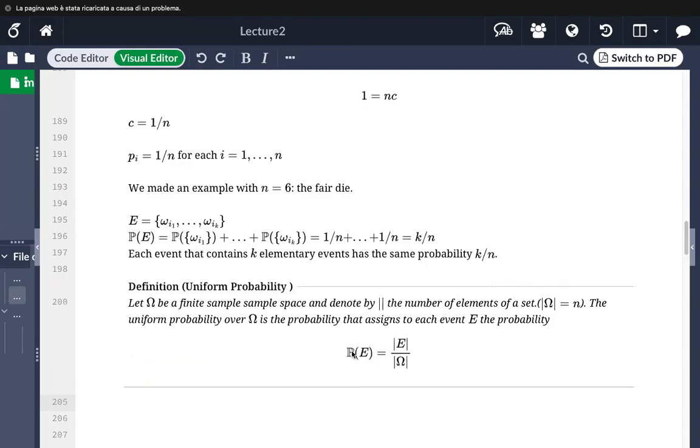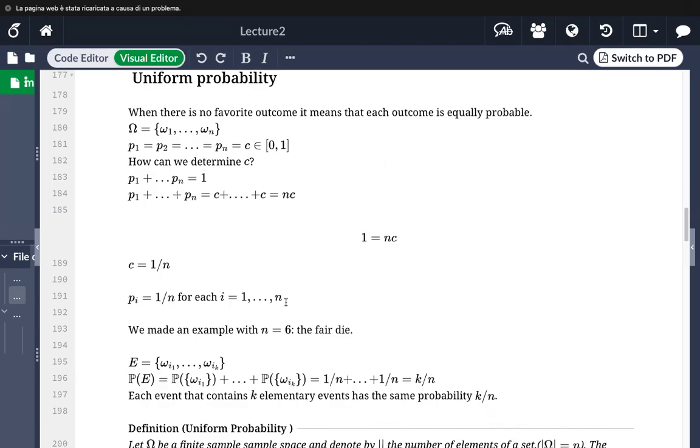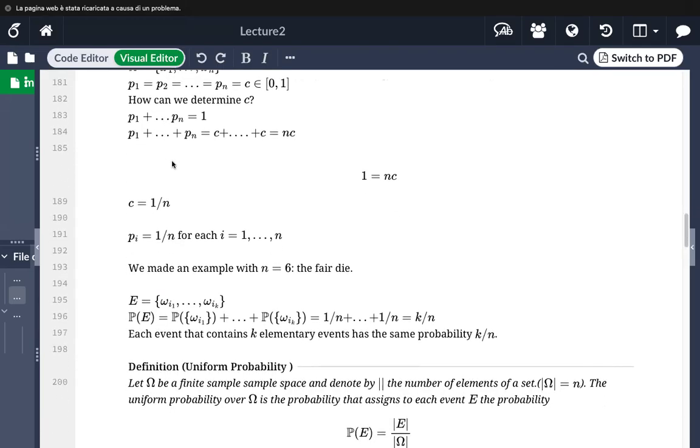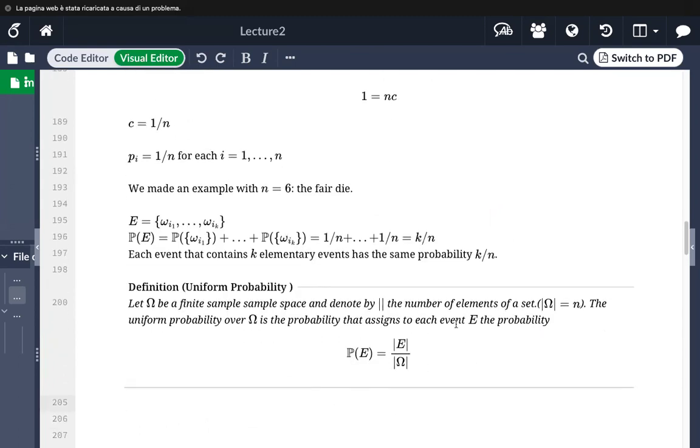Imposing that each elementary event has the same weight leads to this expression here.